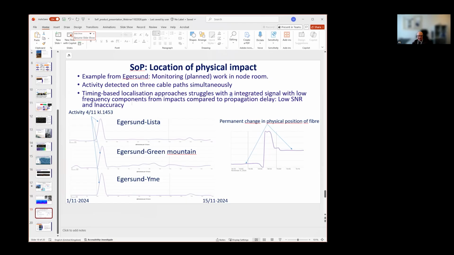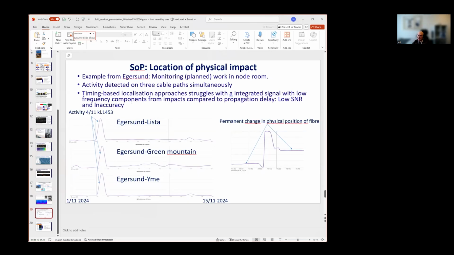When it comes to some kind of timing-based localization and synchronization, okay, if it's a lightning stroke, you may be able to see it because you have very high frequency components. But remember, the delay in a fiber is 5 microseconds per kilometer, meaning if you have 100 kilometers of fiber, you are at 500 microseconds. The fluctuations we saw in the excavator digging were below 100 Hertz.